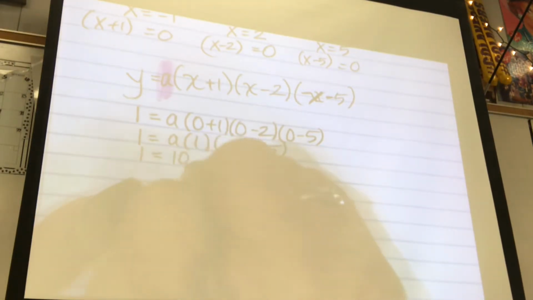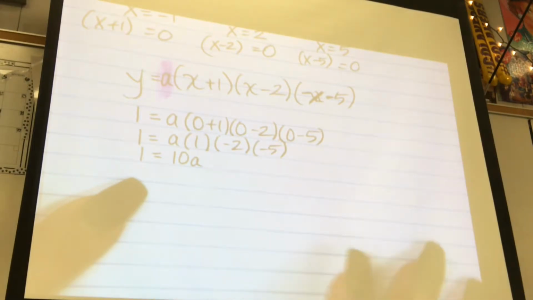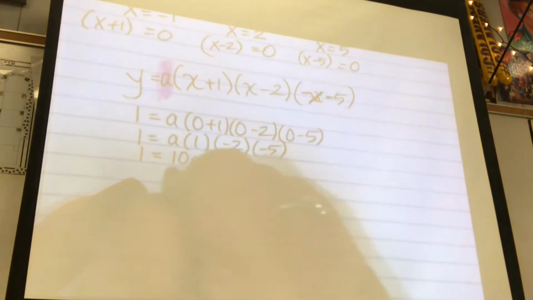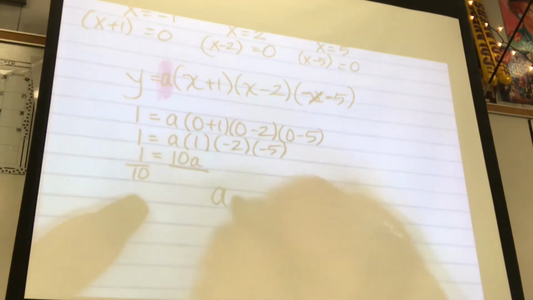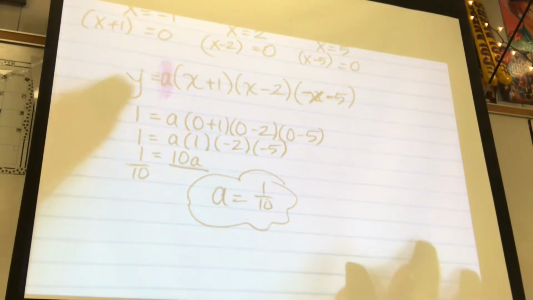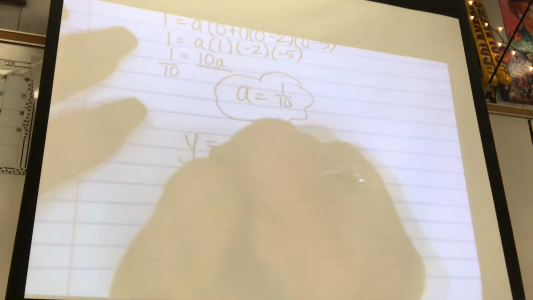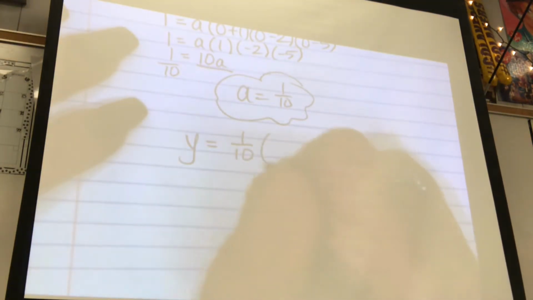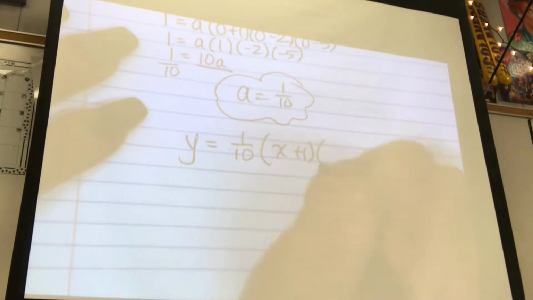And A. How do I get A by itself? Divide by 10. So what is my A? Am I done? Almost done. I just have to plug it in now. My final equation, y equals 1/10 times x plus 1, x minus 2, and x minus 5.